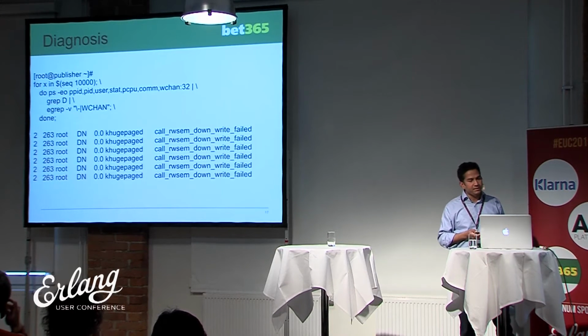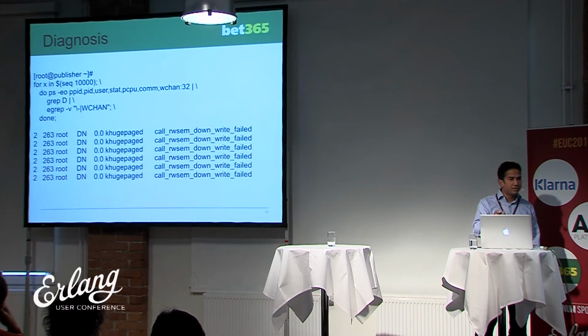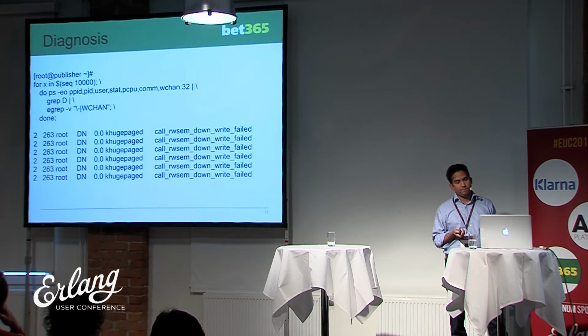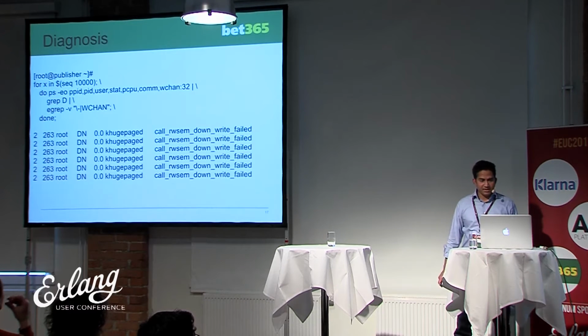So we tried to see what was causing this. We were looking for processes which were entering that state. And along with our beam process, this particular one, kHugePageD, kept showing up on a regular basis. Again, I didn't know what to make of it, so I thought I'd search for what kHugePageD is.